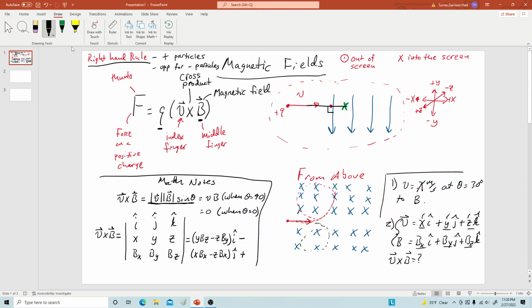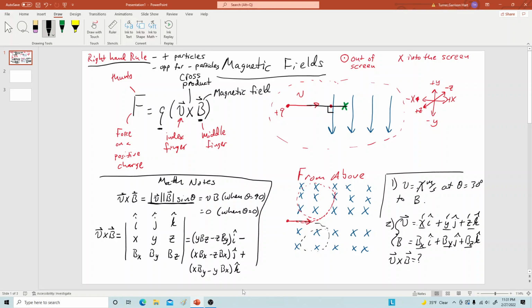So that's where this minus sign comes from, just as a reminder. And then this would be xBy minus yBx in the k direction. Okay? So there's your determinant.